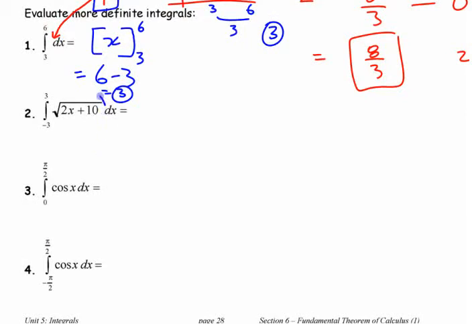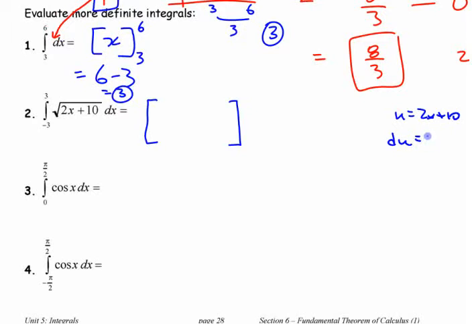You can do this one. This one's kind of ugly. It's okay. You can do any of these things here. As long as you have an antiderivative, you can evaluate it. So we want some antiderivative of that. We go u is 2x plus 10.